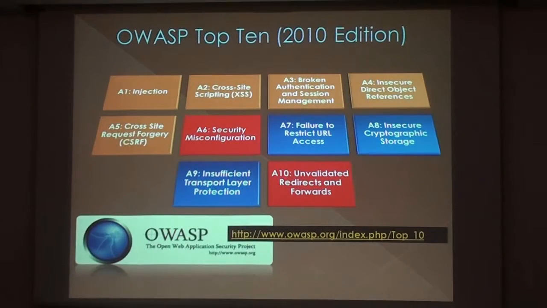This is the latest OWASP Top 10, 2010 edition. A1 SQL injection, A2 cross-site scripting, A3 broken authentication and session management, A4 insecure direct object reference, A5 cross-site request forgery, A6 security misconfiguration, A7 failure to restrict URL access, A8 insecure cryptographic storage, A9 insufficient transport layer protection, A10 unvalidated redirects and forwards.